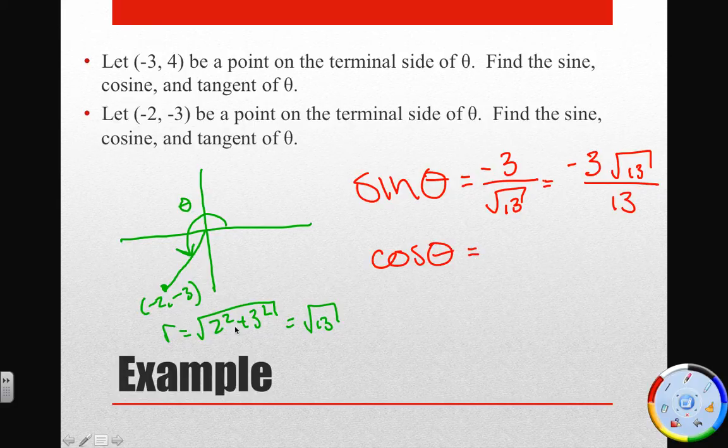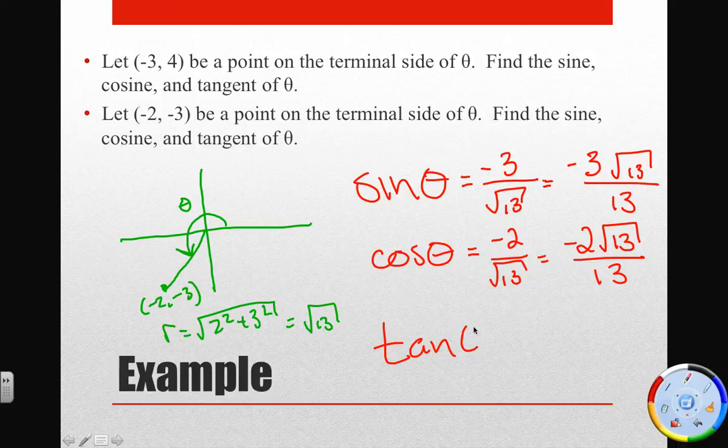Cosine of theta is the x coordinate over the r, so it's -2 over radical 13, which again we simplify. And the tangent of theta is y over x, so -3 over -2, and simplify this please to 3/2. So you'll notice here in quadrant 3 that sine was negative, cosine was negative, and tangent was positive.